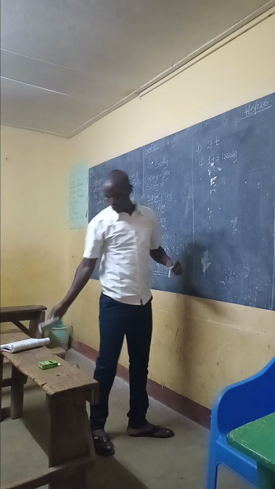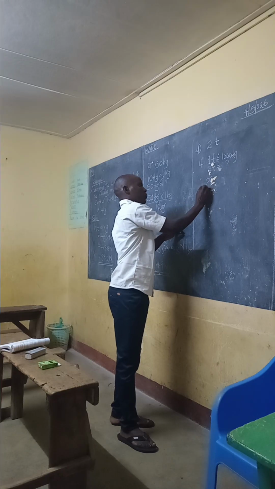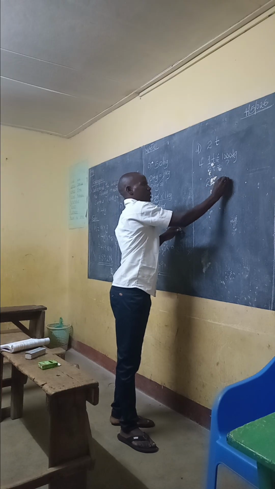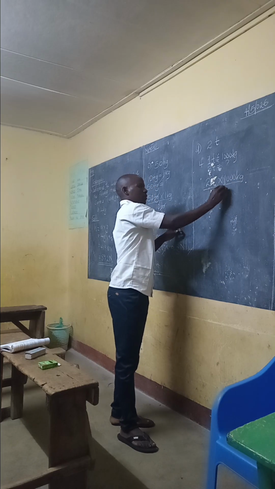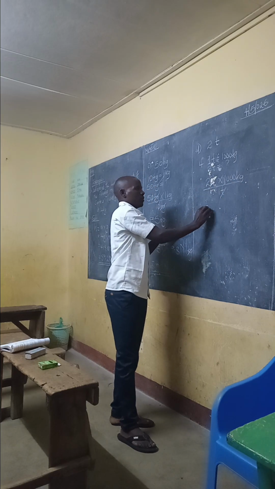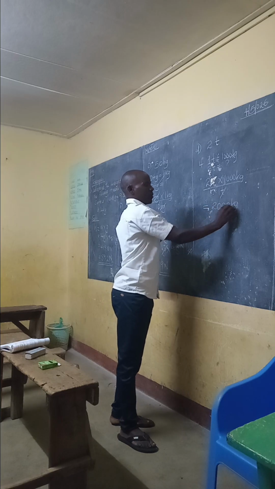It will be 2 tons times 1,000 kilograms divided by 1 ton. Ton will cancel. So we remain with 2,000 kilograms.